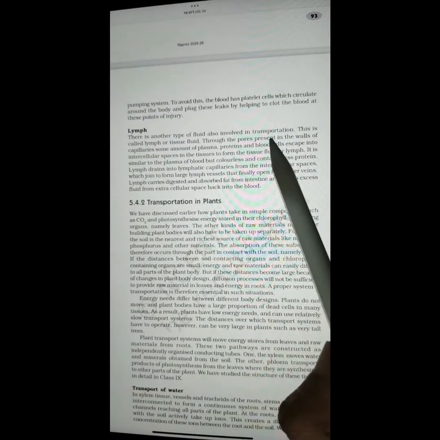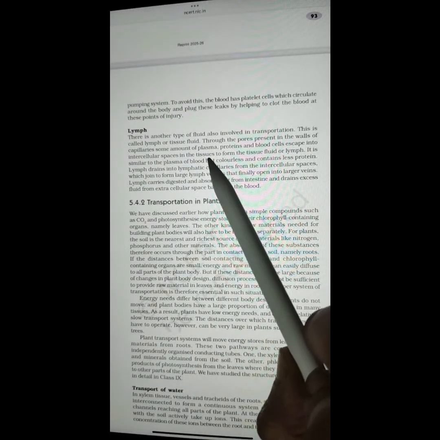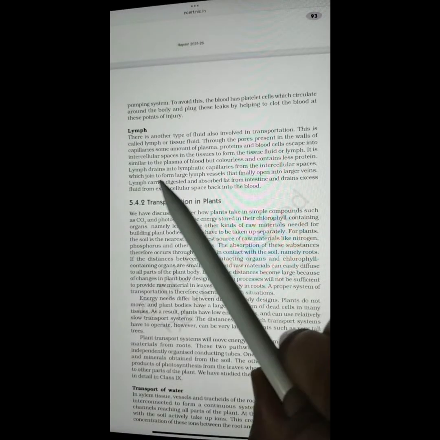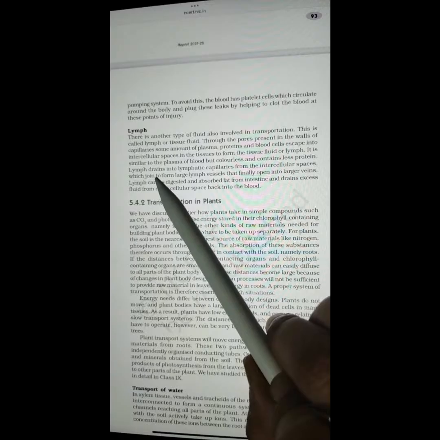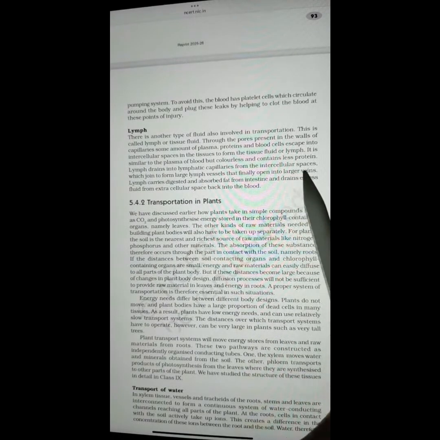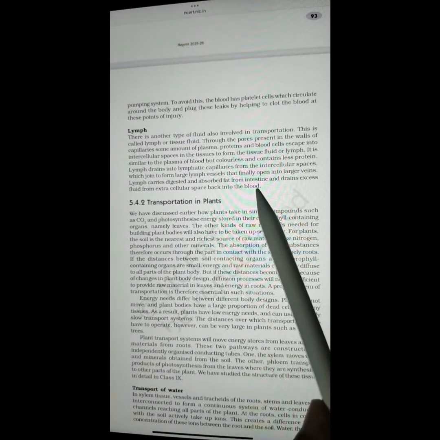Lymph, transportation, tissue fluid, plasma, colorless, lymph drains, lymphatic capillaries, intercellular space, lymph vessels, intestine.